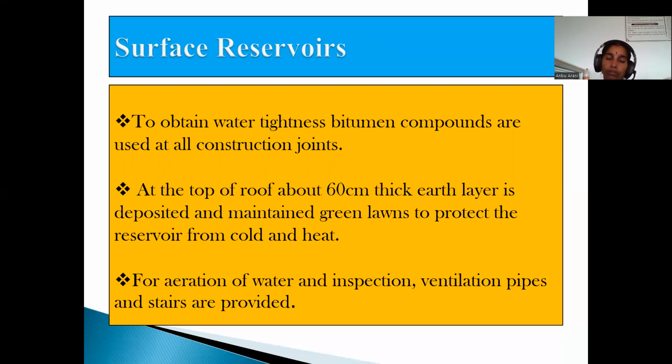On top of the roof, about a 60 centimeter thick earth layer is deposited and green lawns maintained to protect the reservoir from cold and heat. For aeration of water and inspection, ventilation pipes and stairs are provided.